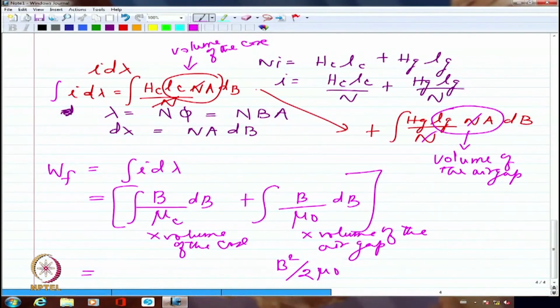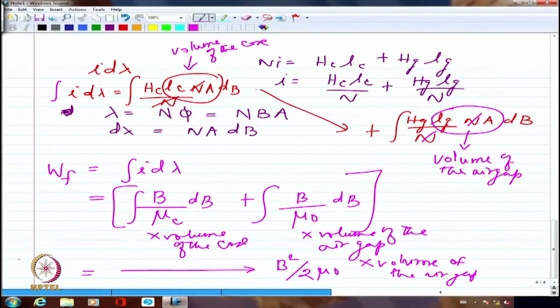But we have an expression, B square by 2 mu naught, as the energy associated with the air gap, provided I am already given the flux density, and I know the volume of the air gap, I will multiply this by the volume of the air gap.